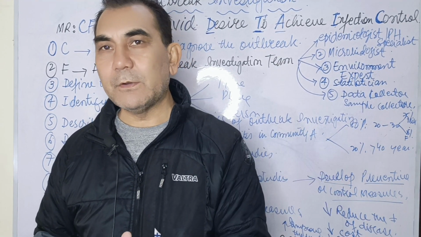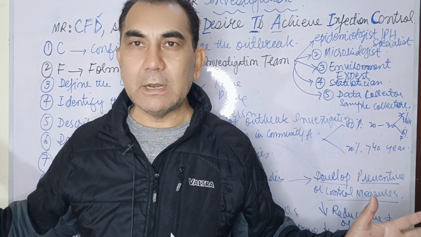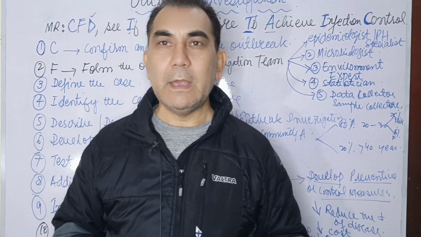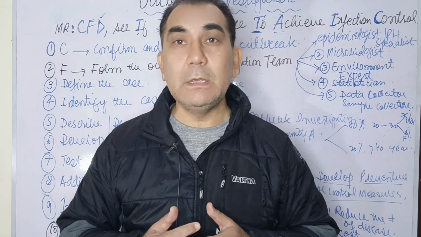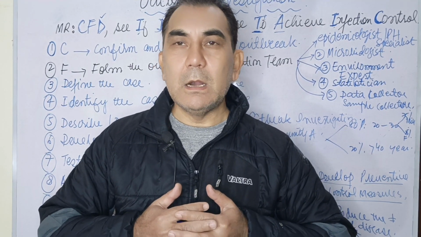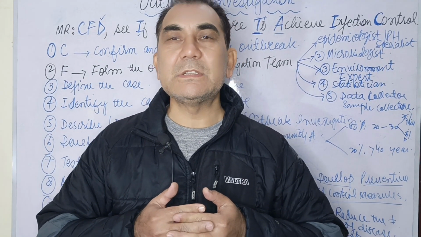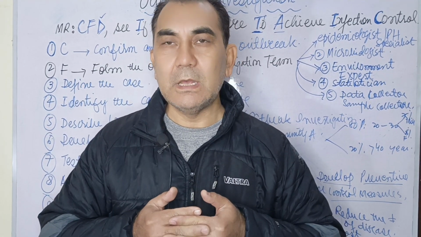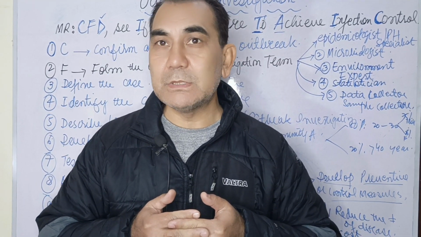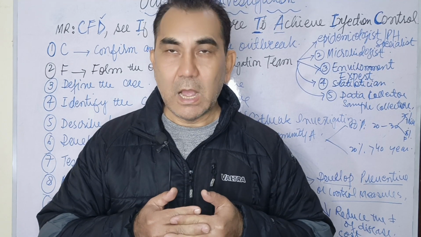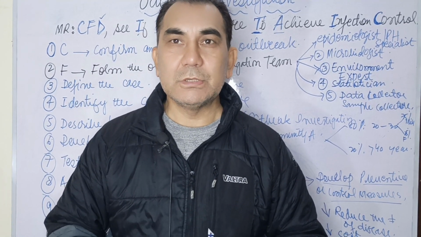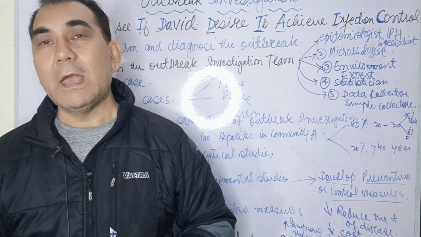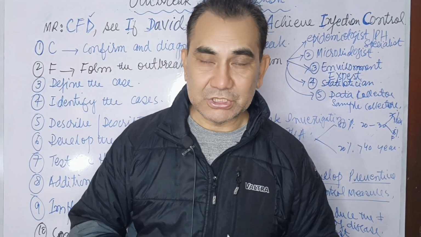You will go through that policy and apply it on that particular community. Then definitely prompt action will be applied. So it will decrease the number of diseases or outbreaks and reduce the number of cases in that particular community. I hope in today's lecture your concept about the outbreak and outbreak investigation is clear.